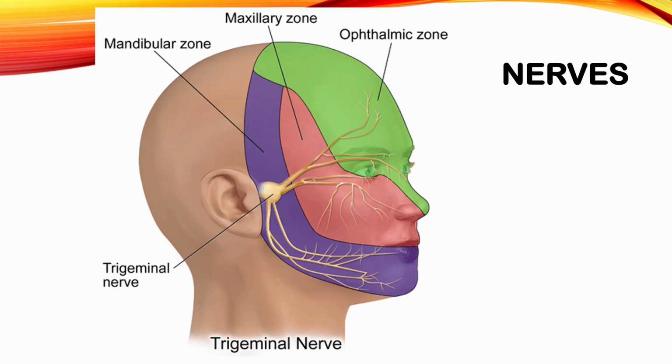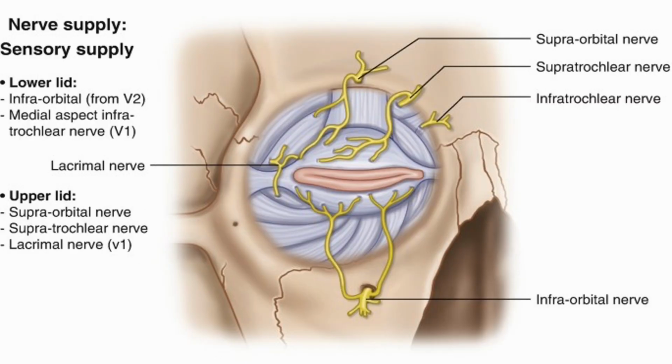The cutaneous nerves of the eyelids come from both the ophthalmic and maxillary divisions of the trigeminal nerve. The supraorbital branches of the frontal nerve, lacrimal nerve, and nasociliary nerve mainly supply the upper eyelid. The nerve supply to the lower eyelid is the infraorbital branch of the maxillary nerve.